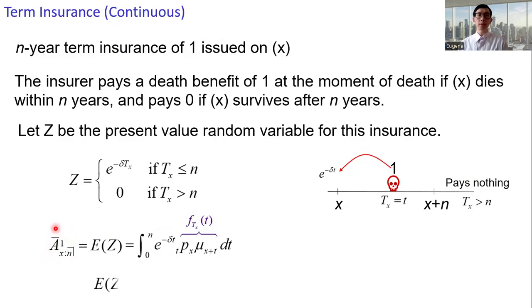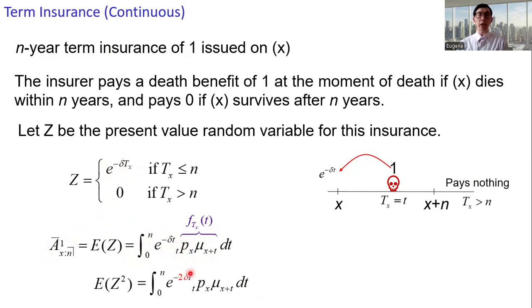The second moment is the integral of the square of the present value times f_Tx. This is equivalent to evaluating the expected value of Z here with the force of interest changed from delta to 2 delta.